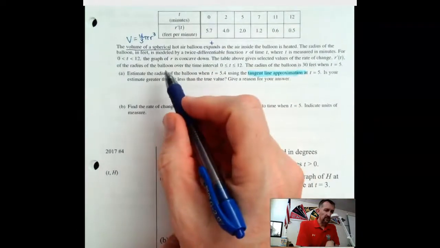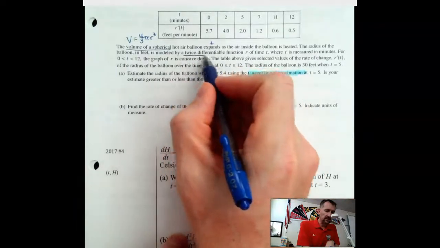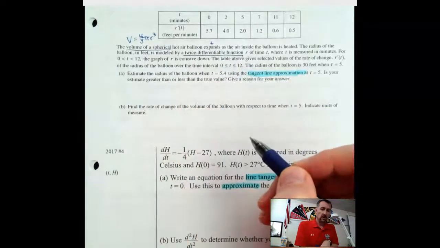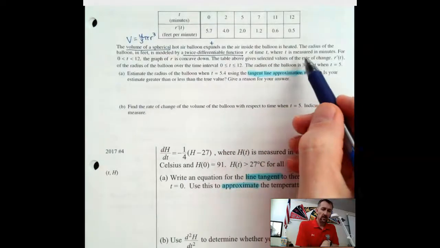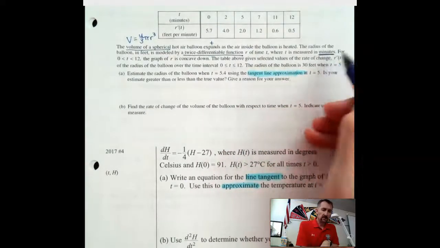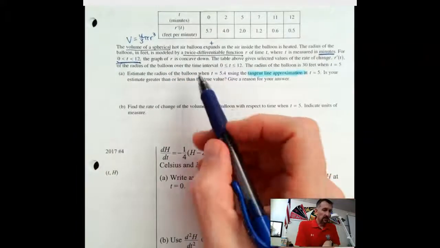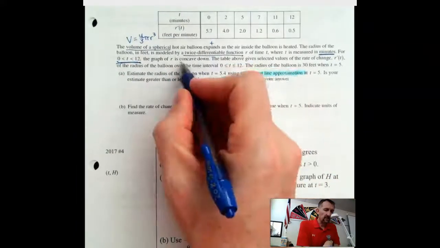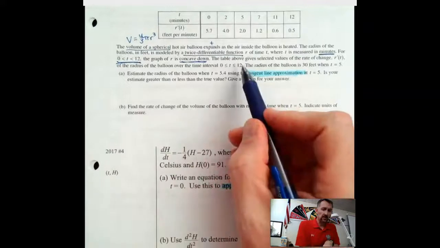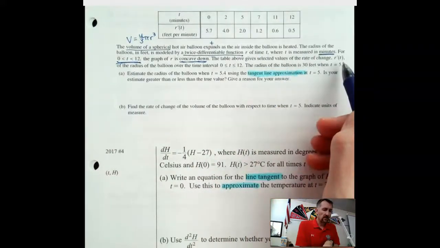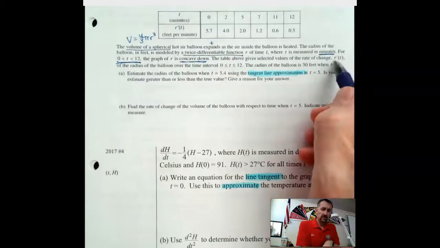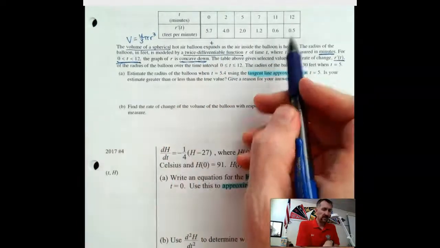The radius of the balloon in feet is modeled by a twice differentiable function R of t, where t is measured in minutes from 0 to 12. Okay. Graph is concave down. Table. Okay, those are R primes. It's the derivative. Those are rates.